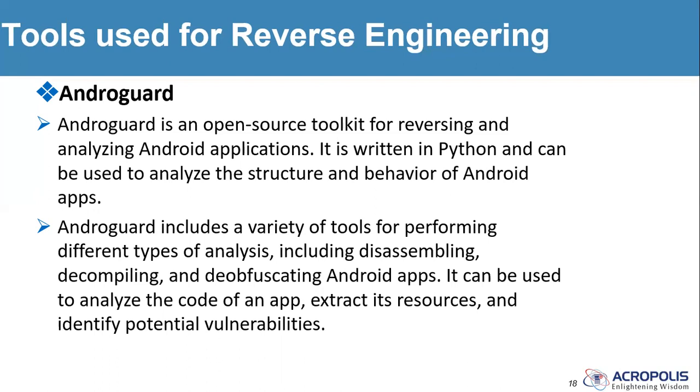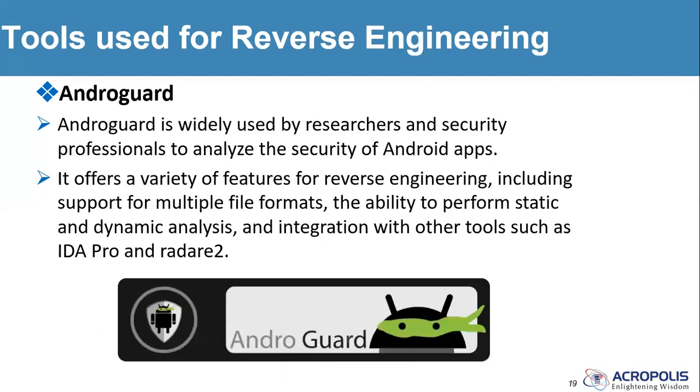It can be used to analyze the code of an app, extract its resources, and identify potential vulnerabilities. Androguard is widely used by researchers and security professionals to analyze the security of Android apps.